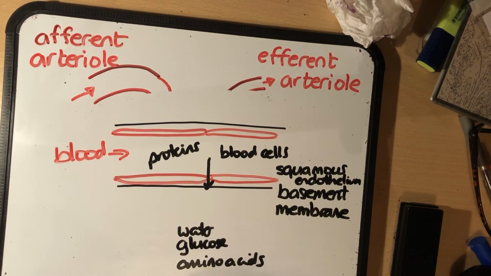amino acids, urea. Urea, you may remember that when you eat proteins they get broken down into amino acids. The amino group gets removed in your liver and it forms a substance called urea. Urea is toxic. Now, in tiny quantities in your body cells, it's fine, but your blood has to carry it to the kidney and it needs to get filtered out of your blood.